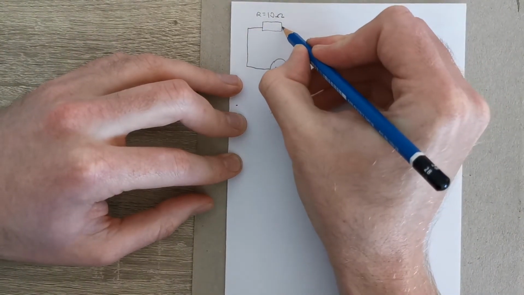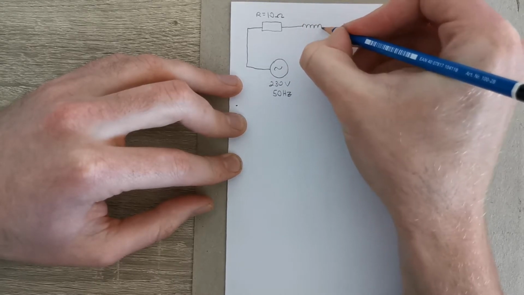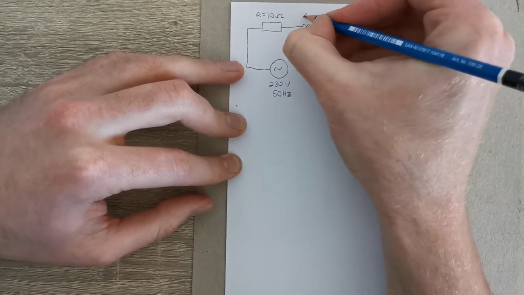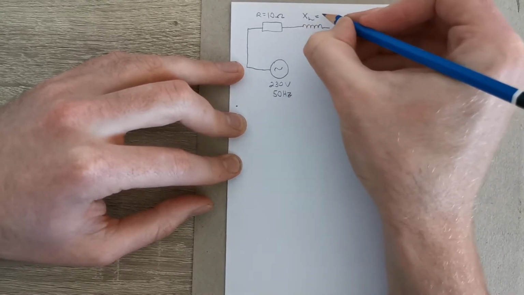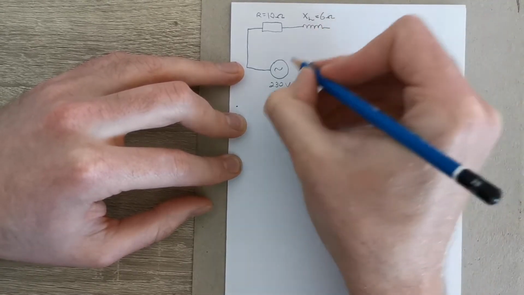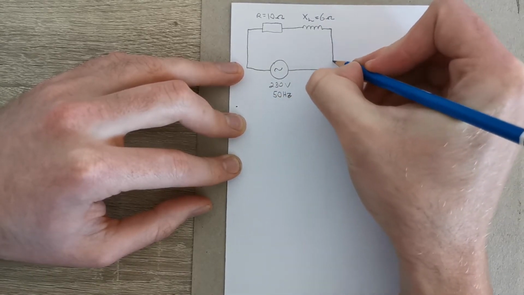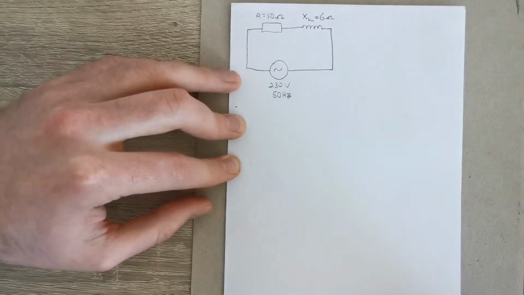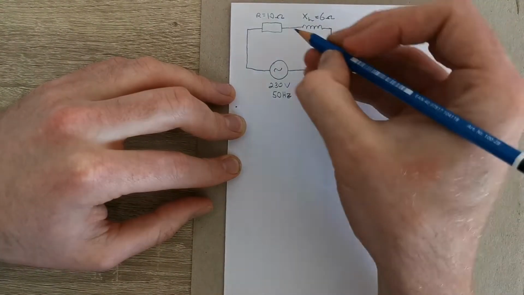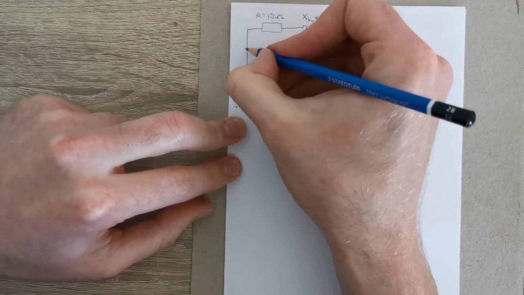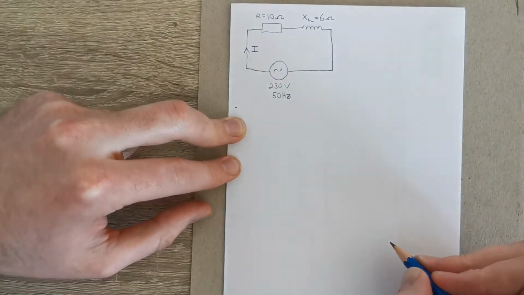And in series with this, we have an inductor with an inductive reactance, XL, equal to 6 ohms. Like so. And what the question is actually asking us to work out here is, what is the current flowing in this circuit, I?